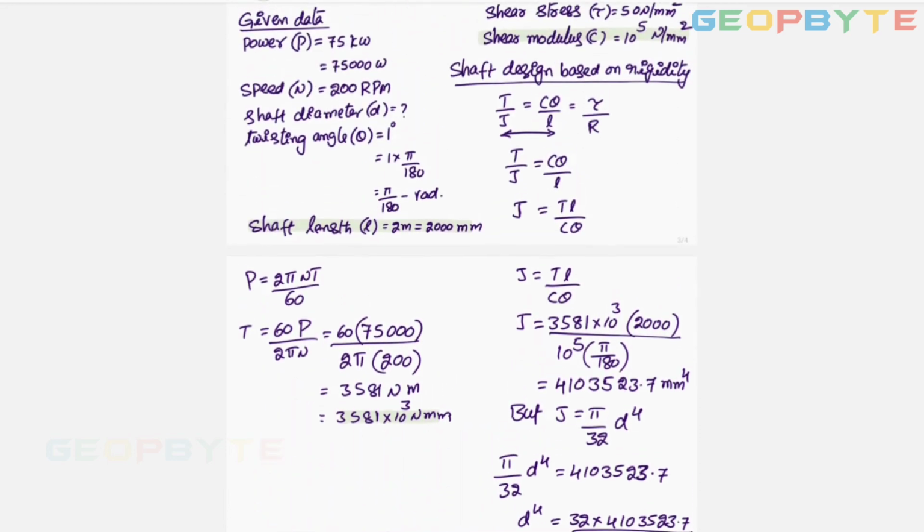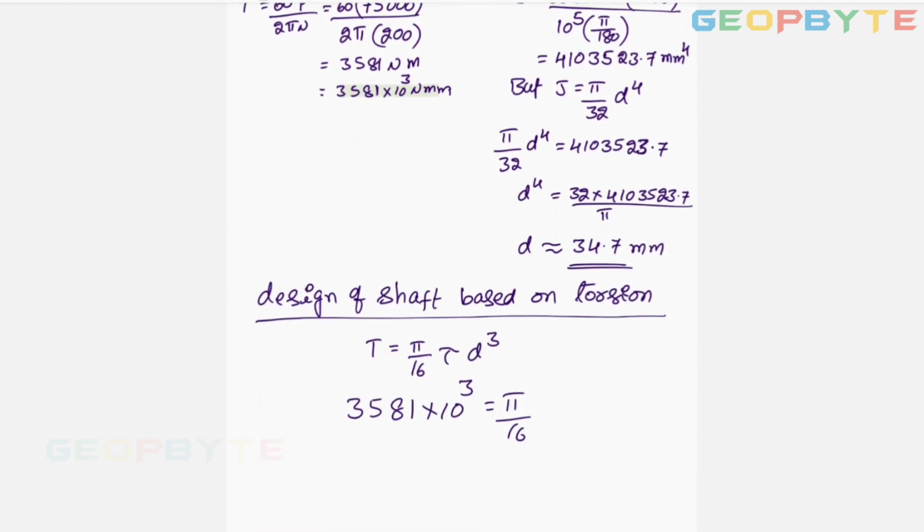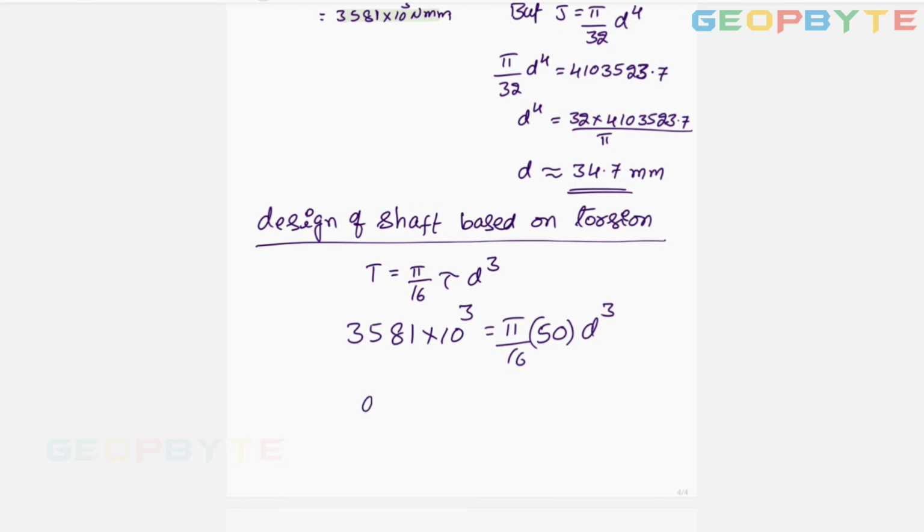What is the tau value? Tau means shear stress, 50. It's a lengthy problem but easy problem. 50 into d cube. From this, d cube equal to 3581 into 10 power 3 into 16 divided by pi into 50.